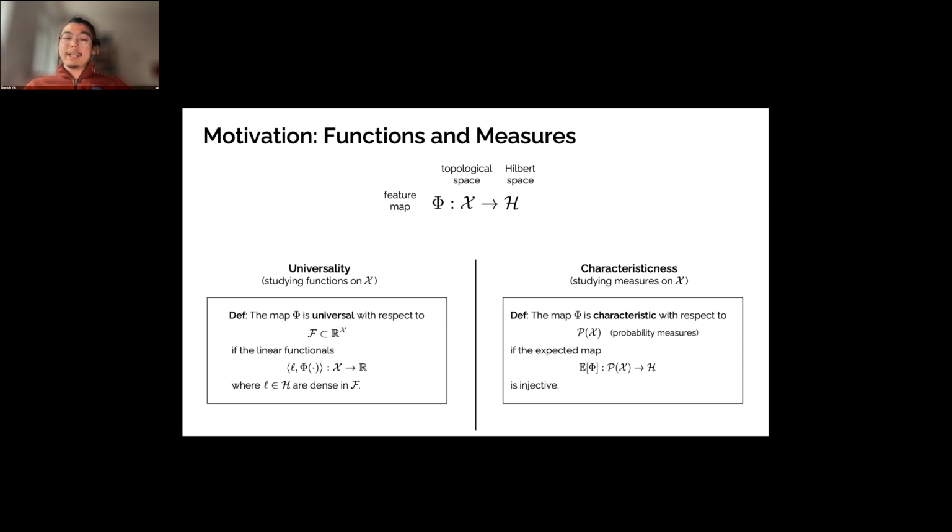We take the expectation of the feature map with respect to this, and we get an element of the Hilbert space. So this turns a fairly complicated object into just some element of a Hilbert space, and we have a natural notion of a norm there. This means we can define and compute things like distances between probability measures, and it allows us to do things like hypothesis testing.